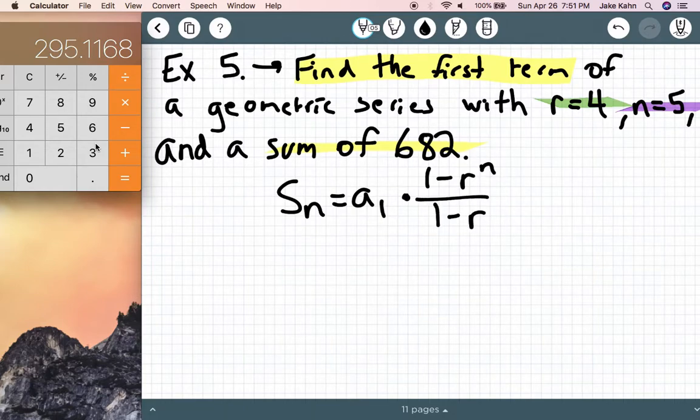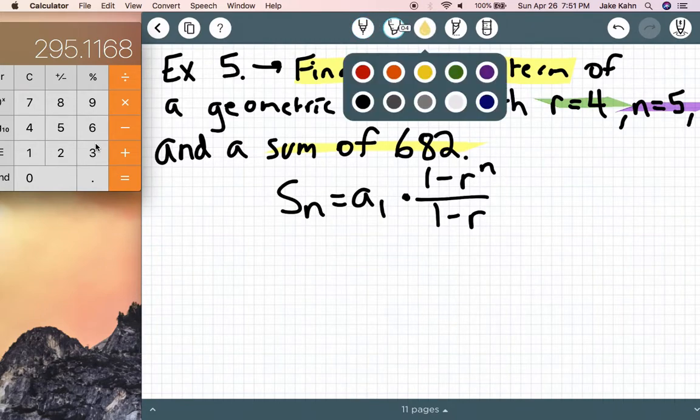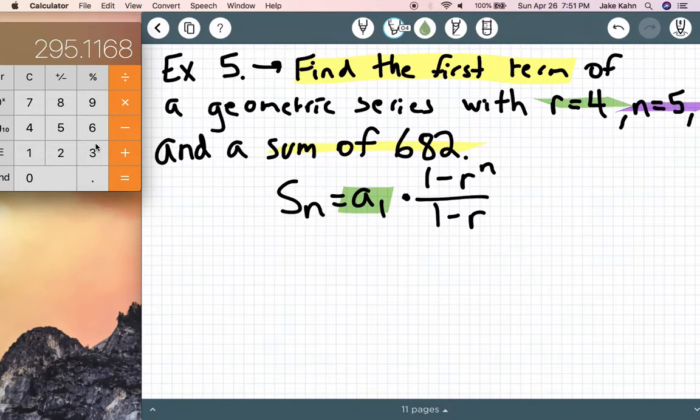However, now the question asks, find the first term, which means that this right here, A1, that is what we do not know. Right? That's our unknown. So that's going to stay A1, and that is what we are going to eventually solve for.